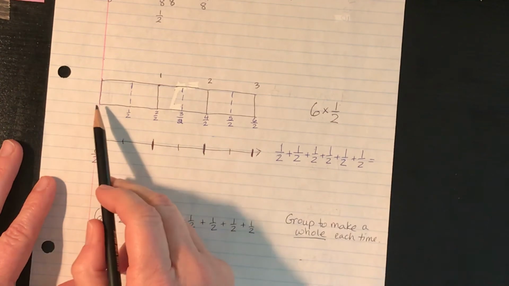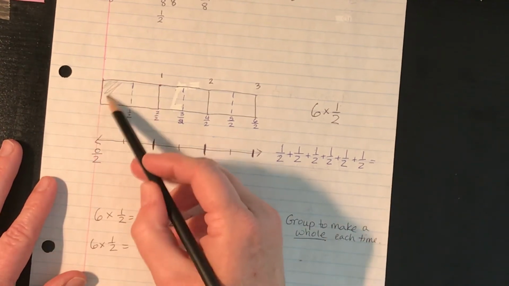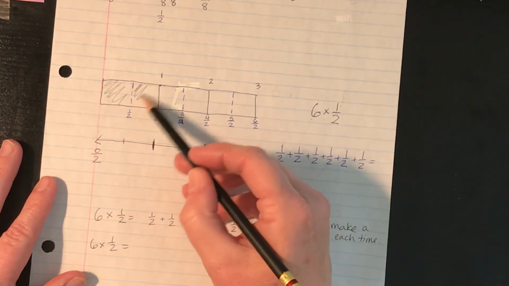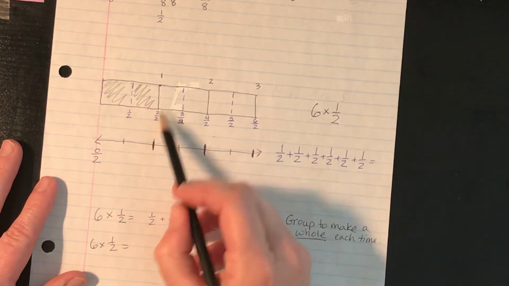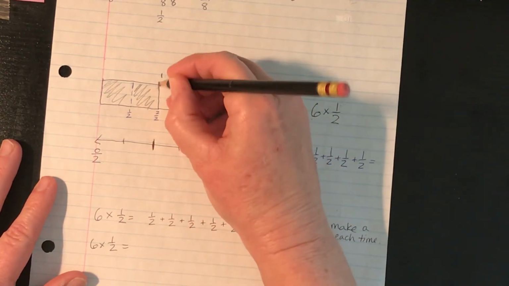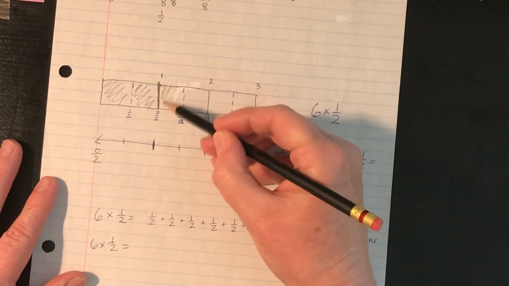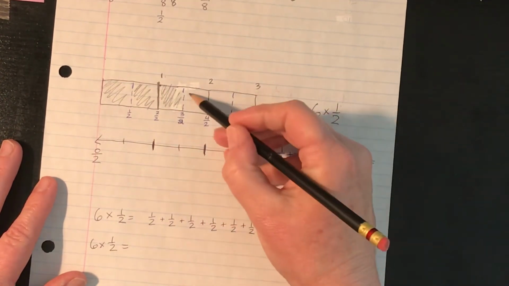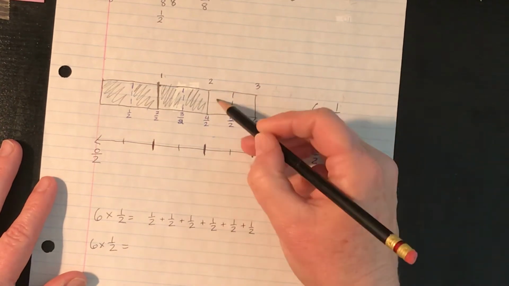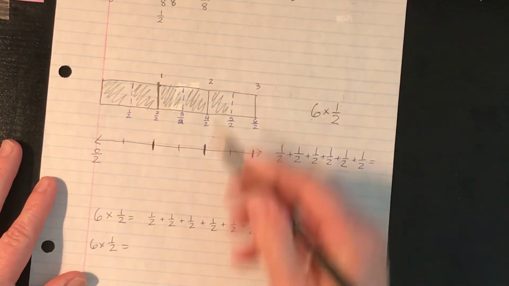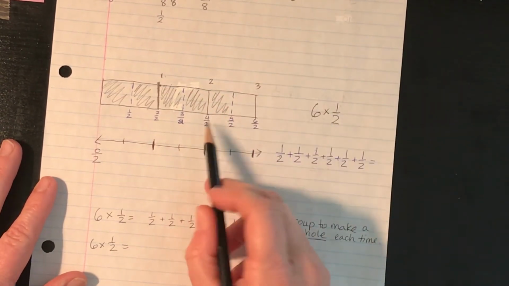It makes sense. If I look at my picture, 1/2. 2 halves. 2 halves is the same as 1 whole. So right here, there's my 1 whole candy bar. Then I have 3 halves, 4 halves, 5 halves. Oh, look, 4 halves.